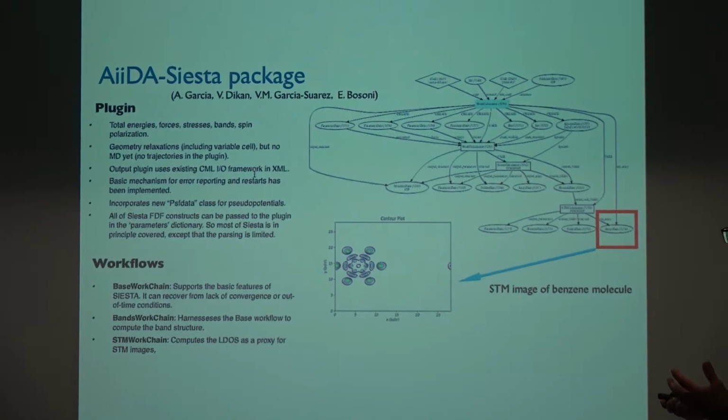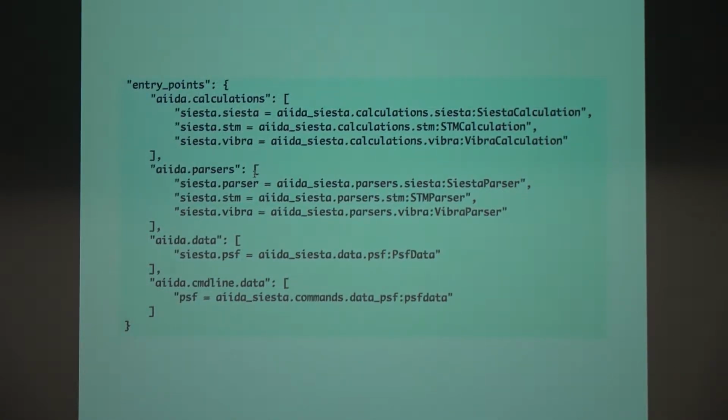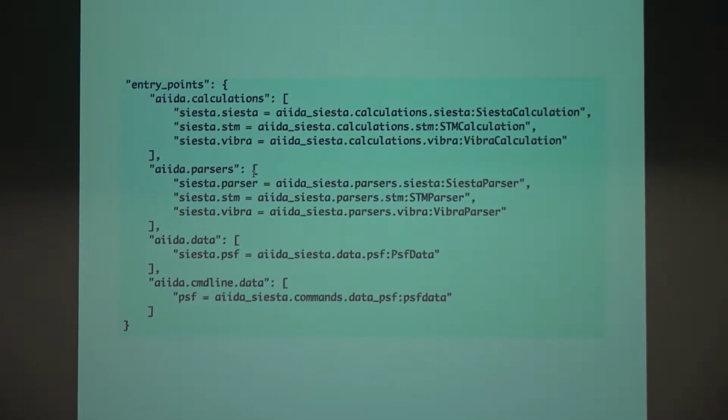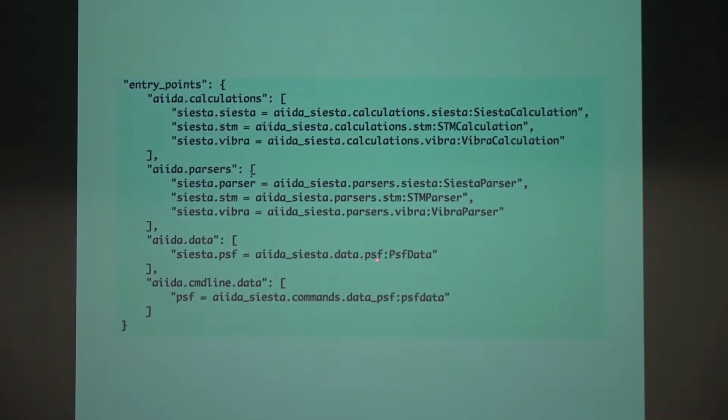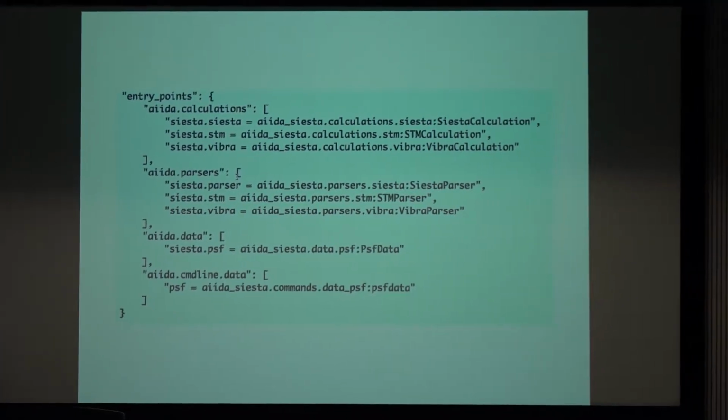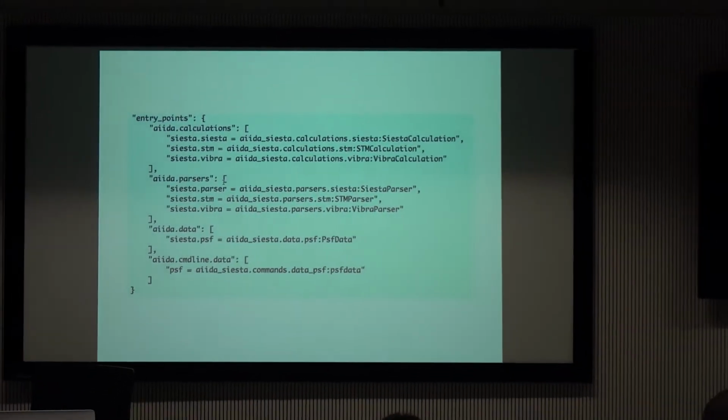Let me go ahead a little bit and show you the entry points. Siesta is a pseudopotential code. So one of the things we did was to create this special data object that holds a pseudopotential file in a specific format that Siesta uses. It's called the PSF for historical reasons.